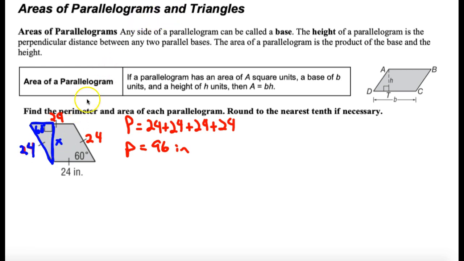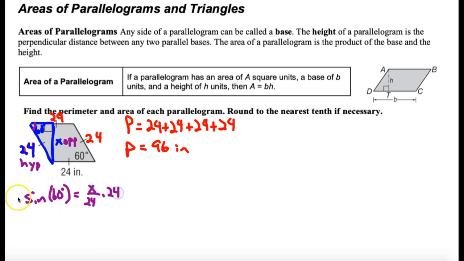So we can label with respect to this angle. This would be the opposite side, and I already said this would be the hypotenuse. So just like in the last problem, we are going to use sine because sine is opposite over hypotenuse. So my setup will be sine of 60 equals x over 24.